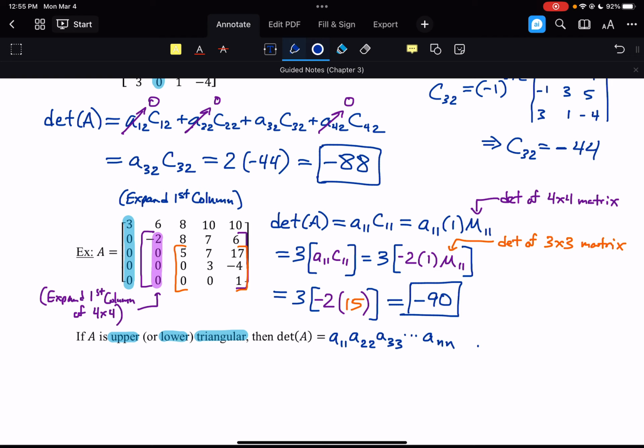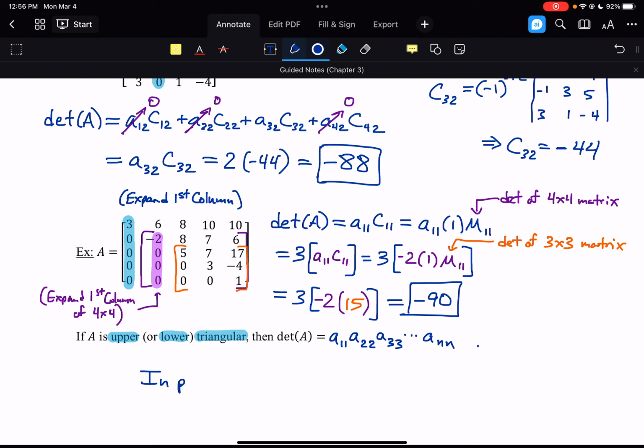So if you have an upper or lower triangular matrix, you can compute the determinant simply by multiplying the components of the main diagonal. Okay, so you can multiply the components of the main diagonal to get the determinant.